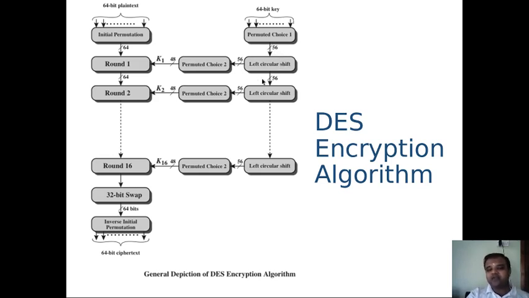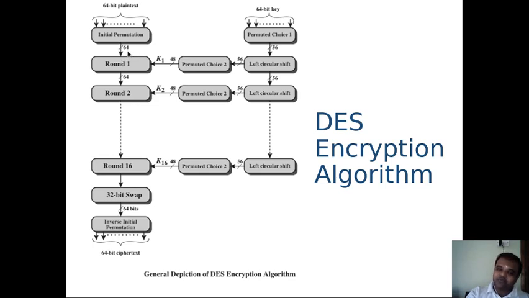There is one round of left circular shift. The left circular shift still gives you 56 bits. It goes into permuted choice 2, which converts the 56 bits into 48 bits. So take special note of this. It is only 48 bits of round key that goes into the round function of the data encryption algorithm.